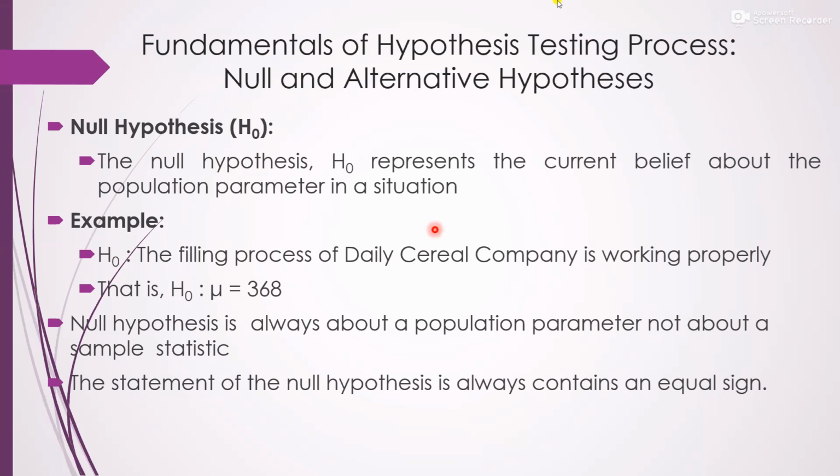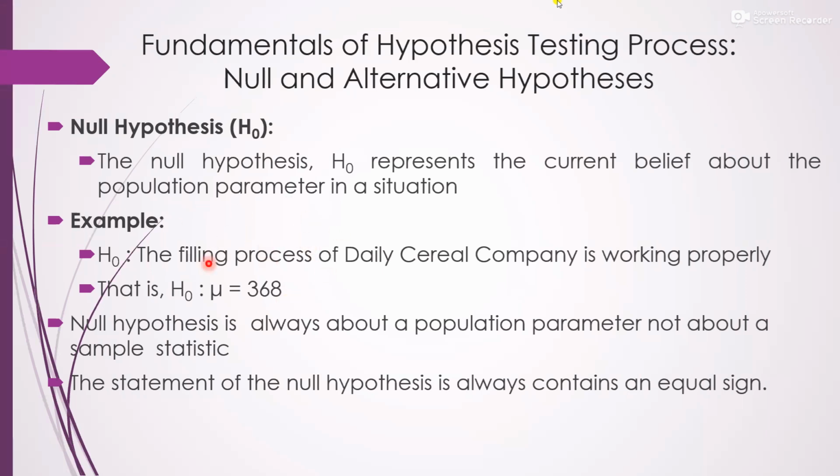In the previous example, the current belief is that the mean weight of a cereal box is 368 grams. So that is mu is equal to 368.